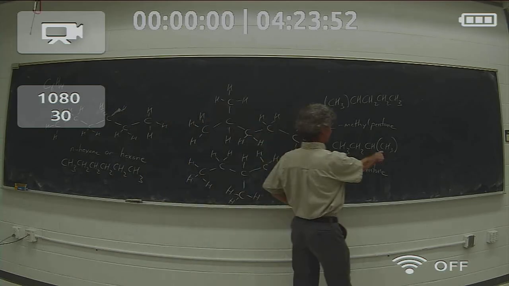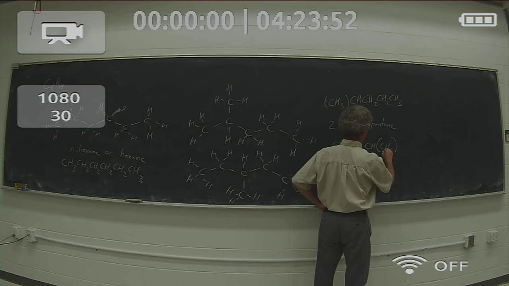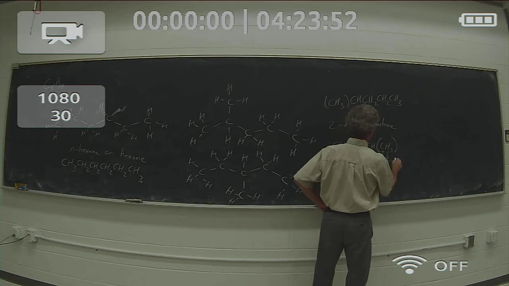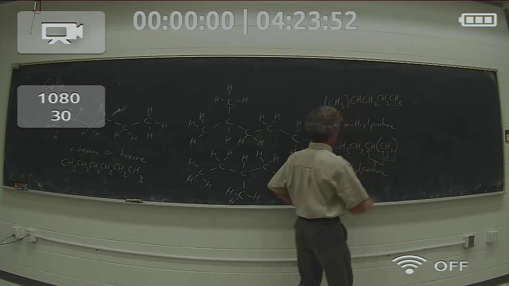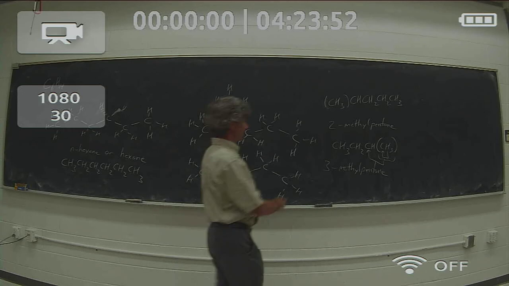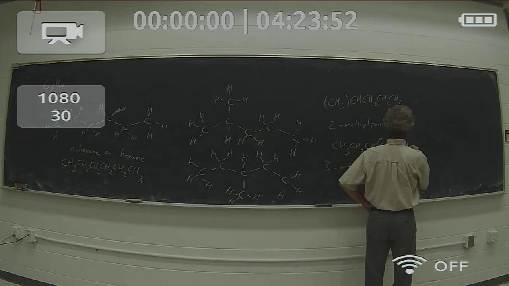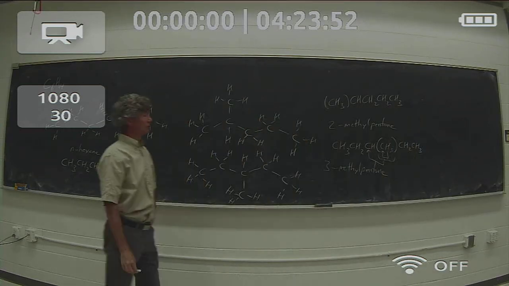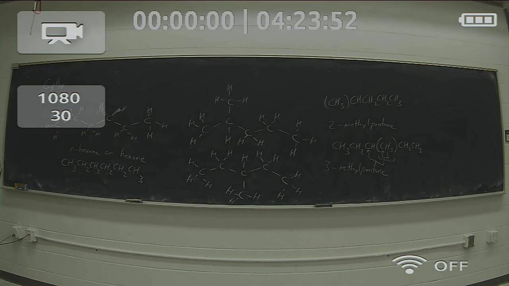These 3 hydrogens are attached to the carbon to their left within the parentheses, but then the parenthetical carbon is connected to the carbon to the left of the parentheses. And then we'll have a CH2. So we can readily distinguish, using a condensed formula, between 2-methylpentane and 3-methylpentane, which are 2 isomers of hexane.